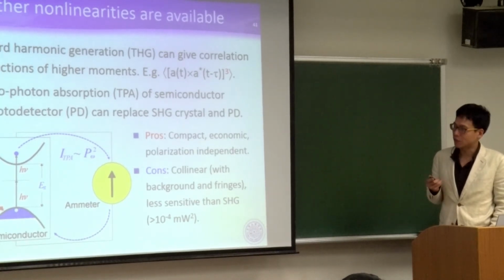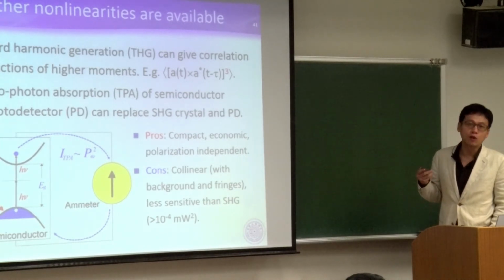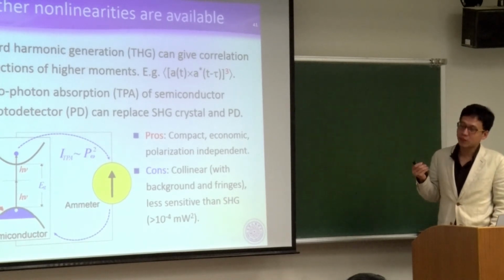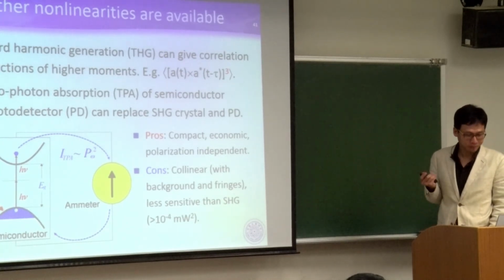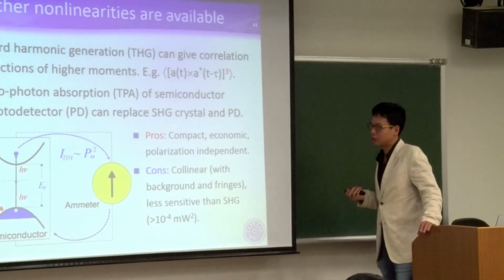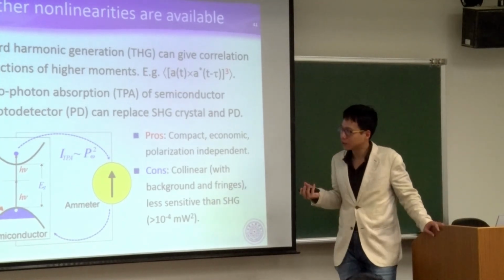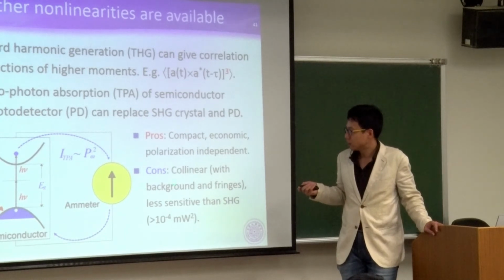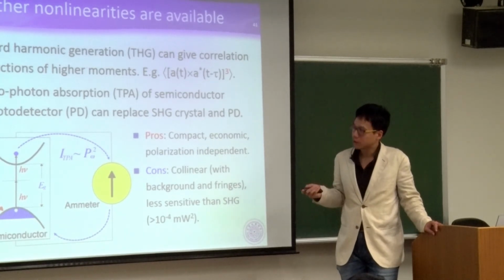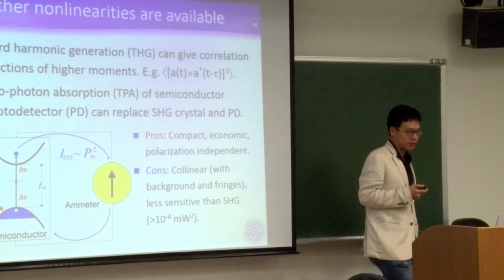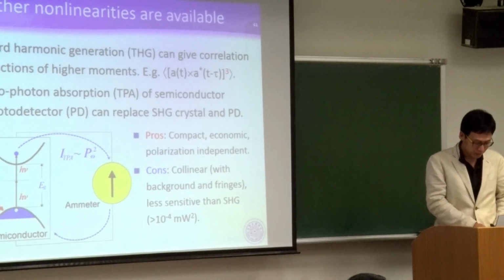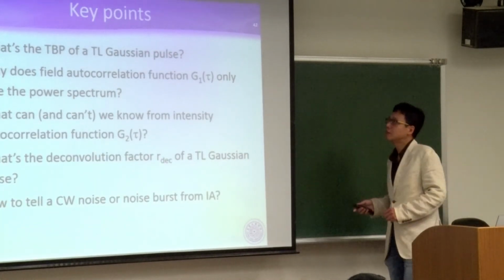So the sensitivities differ by 5 orders of magnitude, which is a lot. So if your signal pulse is very weak, maybe you cannot rely on TPA. You need second harmonic generation. 所以简单的说，如果你的 laser power 很充分，那你也不在乎有 background 跟 fringe，那 maybe 这个 TPA 是一个简单可行的方法啊，又便宜啊，又简单。Okay, that's it.